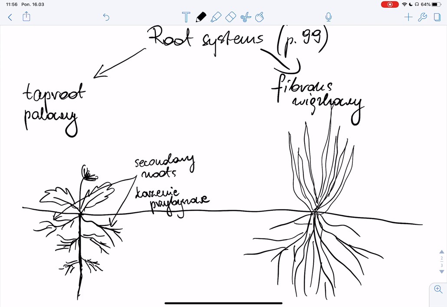Depending on the type of the plant, they have decided to have those different strategies of creating roots. And guys, this is of course the theory, but the world has proven us that it all looks a little bit different.